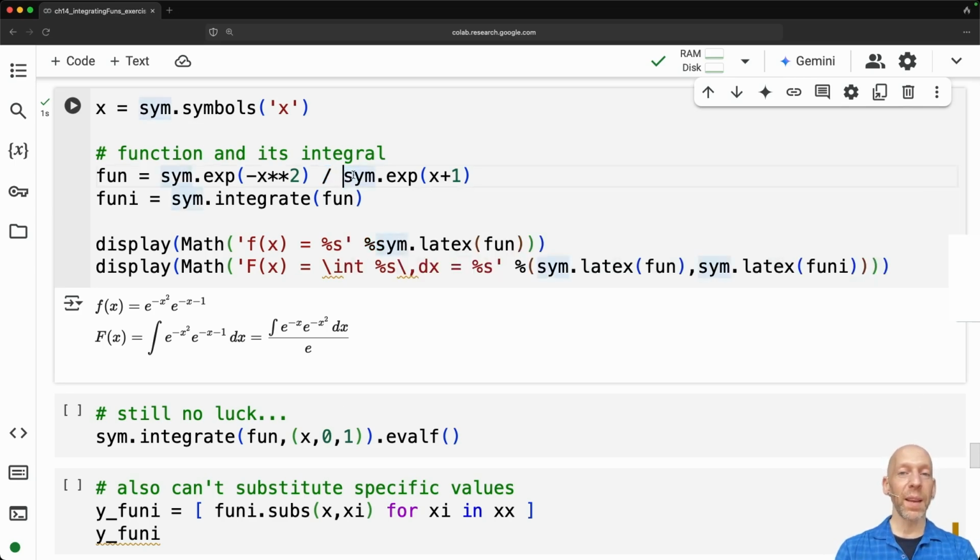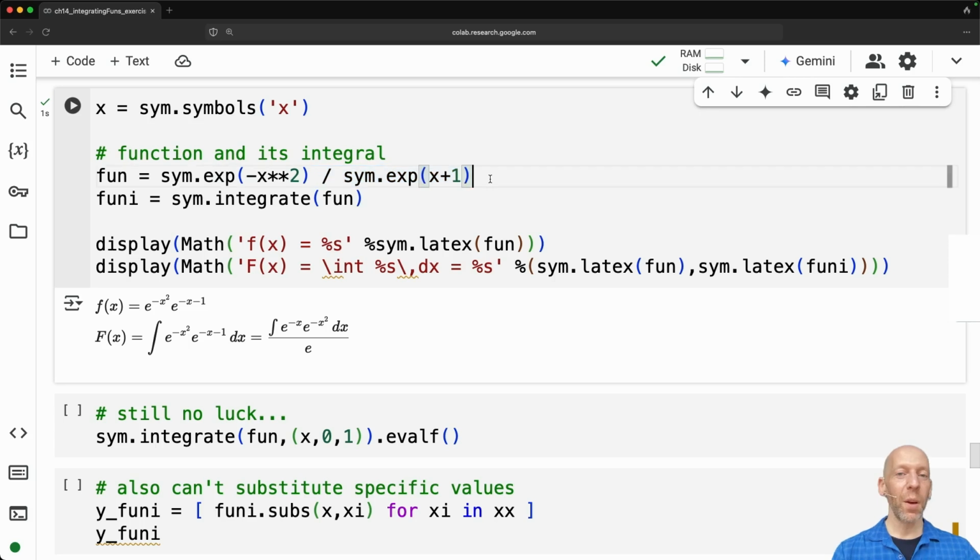But instead of writing e to the x plus 1, SymPy is getting rid of the fraction altogether and writing e to the minus x plus 1, or e to the minus x minus 1. Exactly the same. It just looks different from how we implemented it.